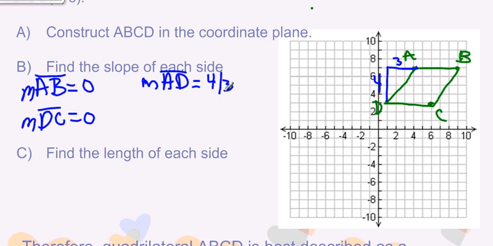And I'm going to count the same thing from C to B. So I went up 1, 2, 3, 4. I went over 1, 2, 3. So again, from B to C, our slope was 4/3. So now we can see that both opposite pairs do have the same slopes. So that means we definitely have a parallelogram. So that's right now what we're thinking. It's some sort of parallelogram.